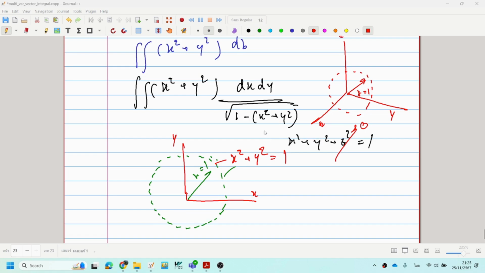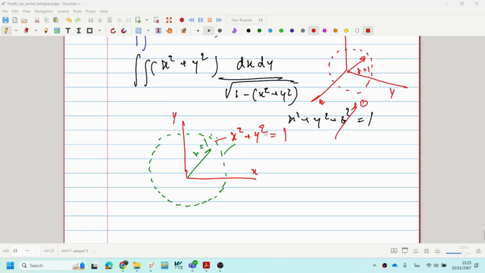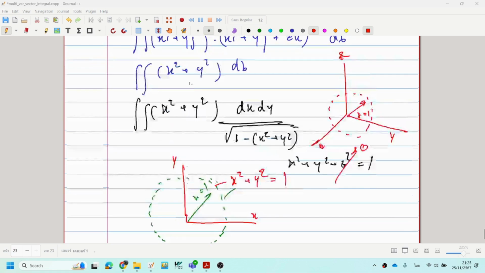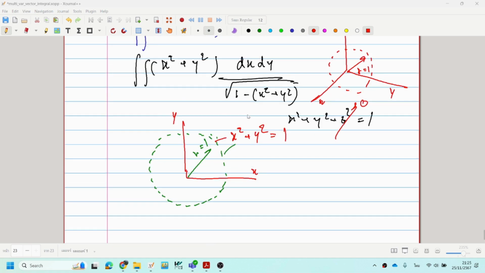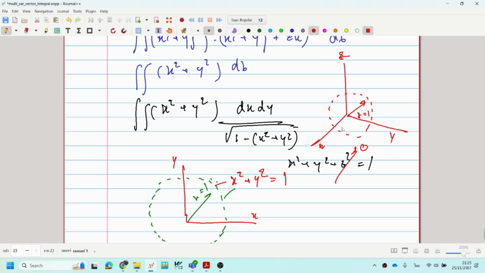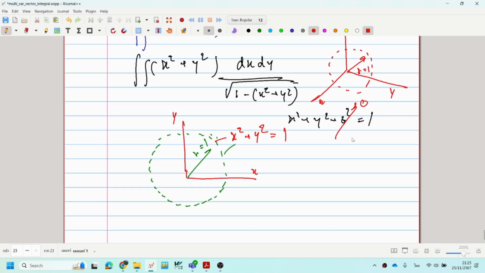The upper limit, lower limit. Okay, it's the inside integral. The internal integral is with respect to x, right? X. Okay, that means for the lower limit, you focus on x, right? Because you integrate with respect to x. And I will focus on x, like this.